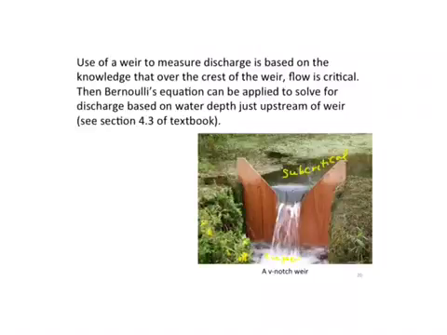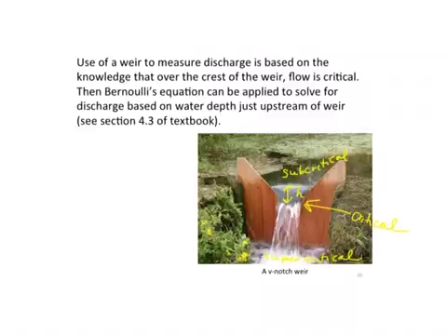So this is supercritical. At the bump itself, we have critical flow. So if we know we have critical flow, there's one particular solution to that specific energy equation, and we could actually apply the Bernoulli equation to solve for discharge based on the water depth just upstream of the weir, or the water depth that you could see in this particular profile.